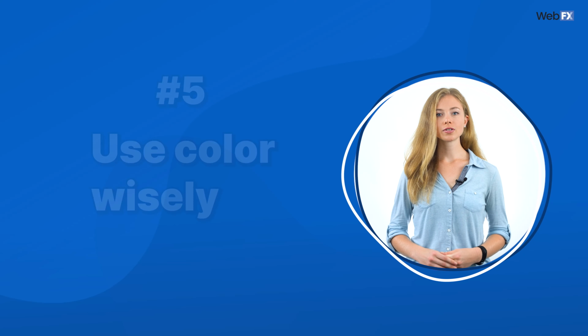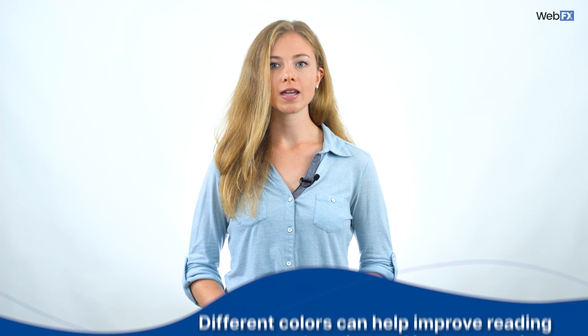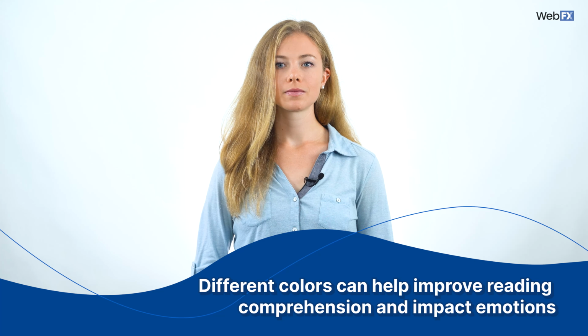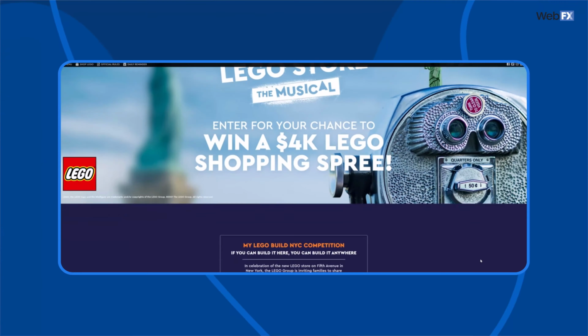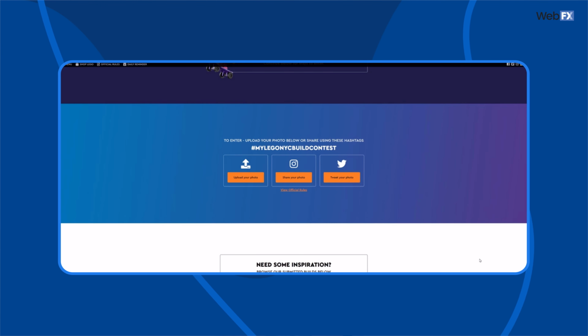It's just a term we use to describe the parts of a page that don't have any pictures or other elements. Use color wisely. Color can make people feel and act in different ways. If used wisely, it can improve reading comprehension, learning, and impact people's emotions. Using contrasting colors can also bring attention to specific areas of your website. Let's look at this page Lego created to go along with its ads promoting a building contest.